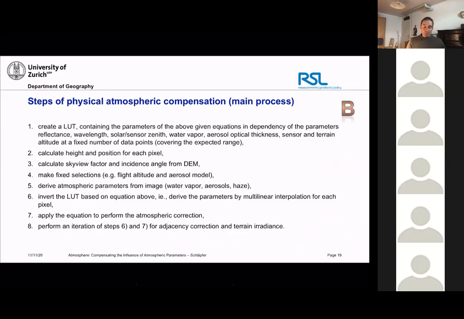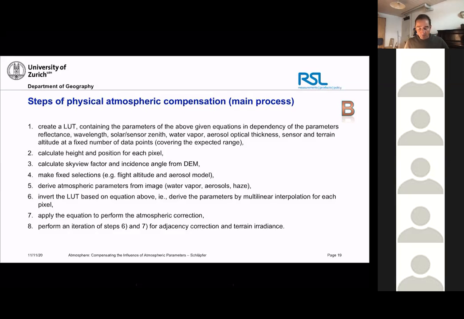So now we have the lookup table, so you can do the correction. Here is as a text what you have to do. We have first the lookup table calculated, and we create it specifically to our situation. Then we need the height and position of each pixel, sky view factor, and the angles, so the geometry is done first.